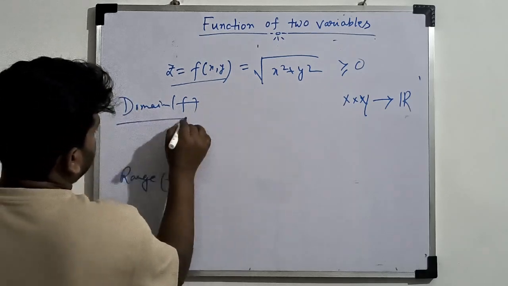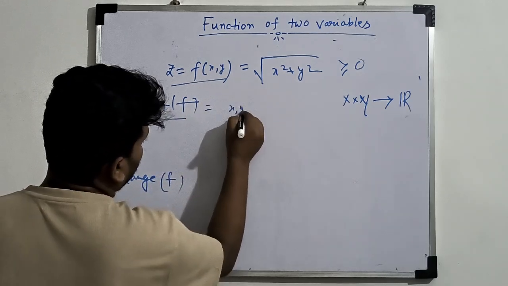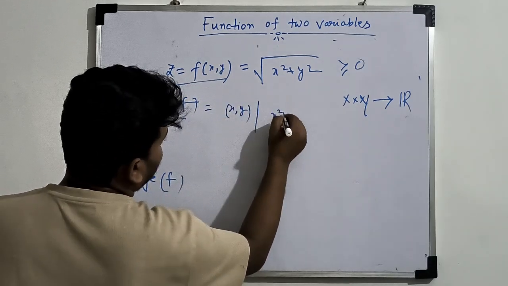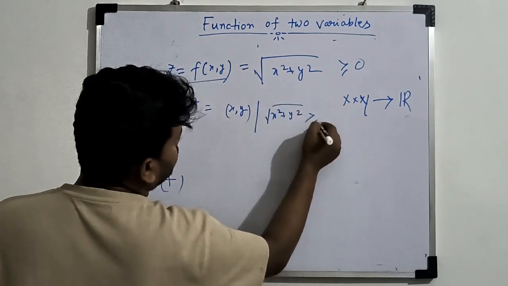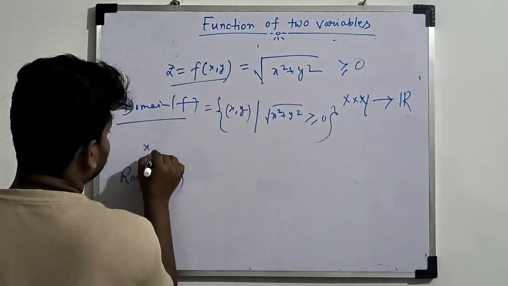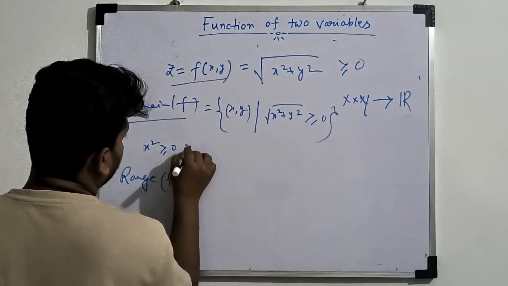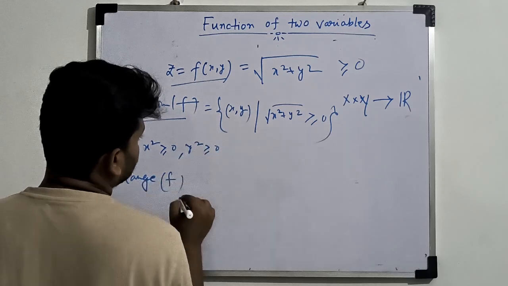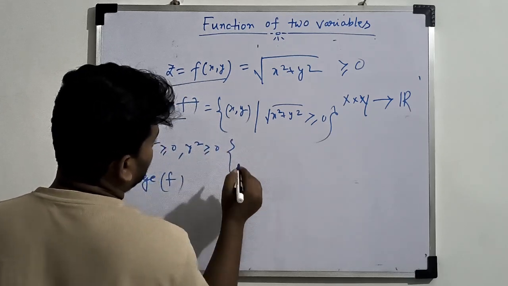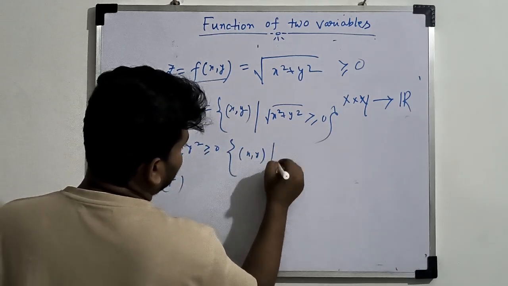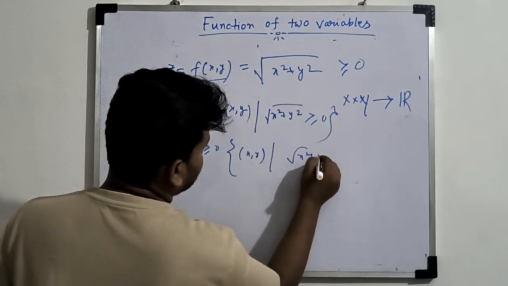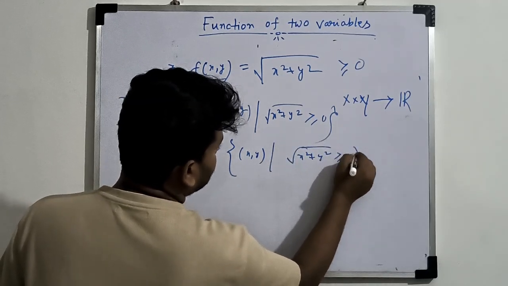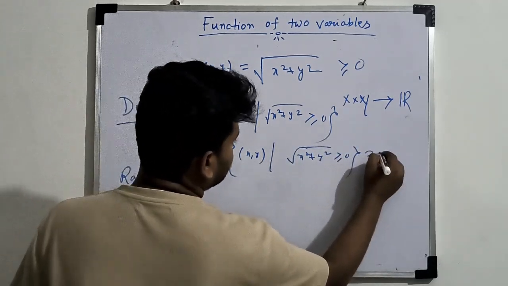So the domain is all (x,y) such that root over x square plus y square is greater than or equal to 0. As x square is always greater than or equal to 0 and y square is always greater than or equal to 0, you can choose any x and y, such that x square plus y square is always non-negative. So the domain of it becomes R2.